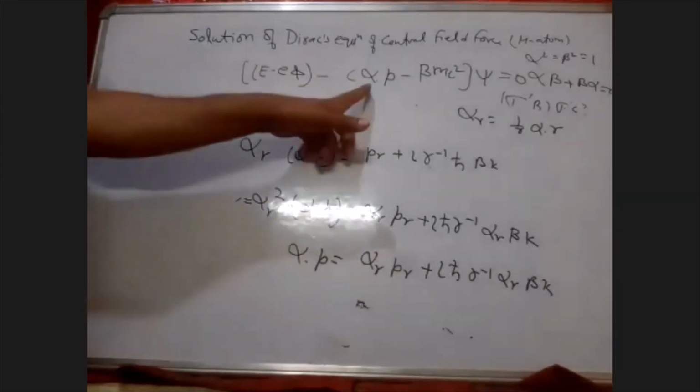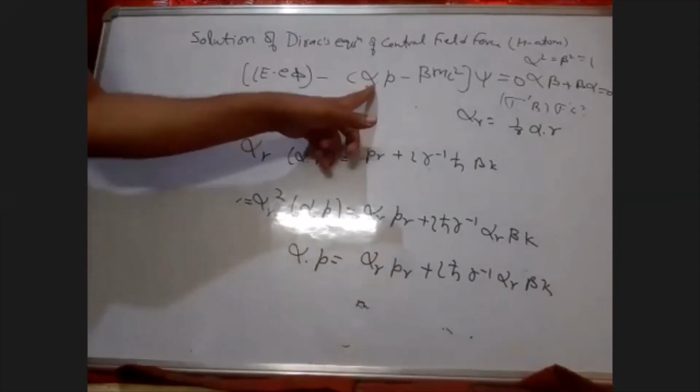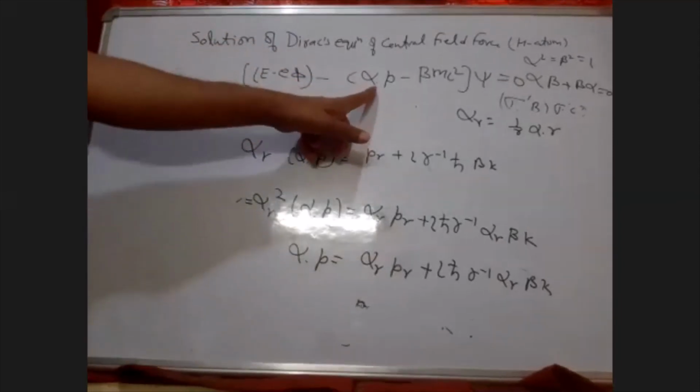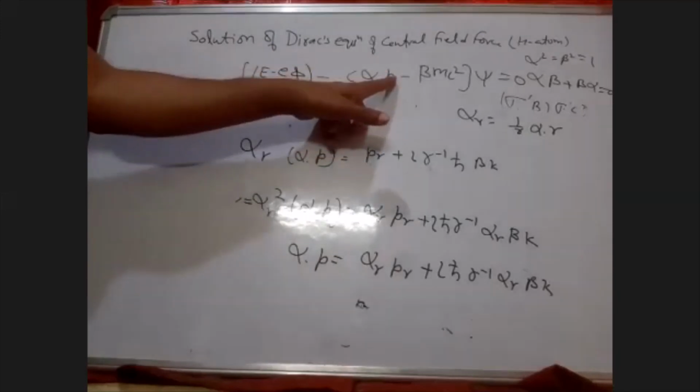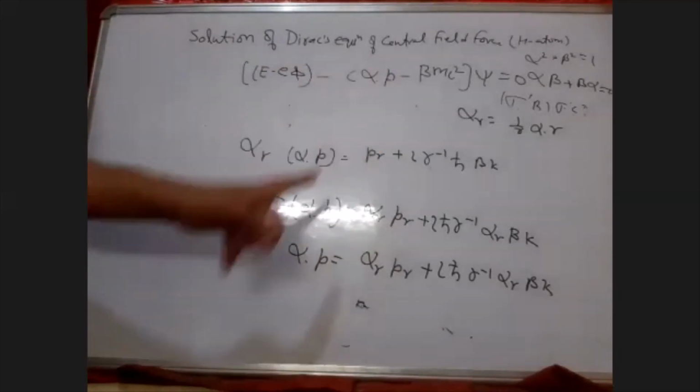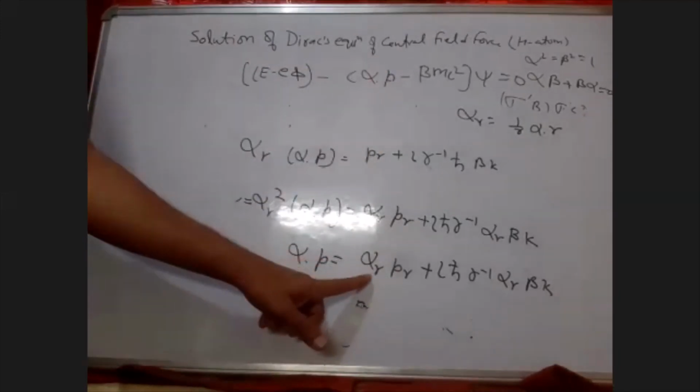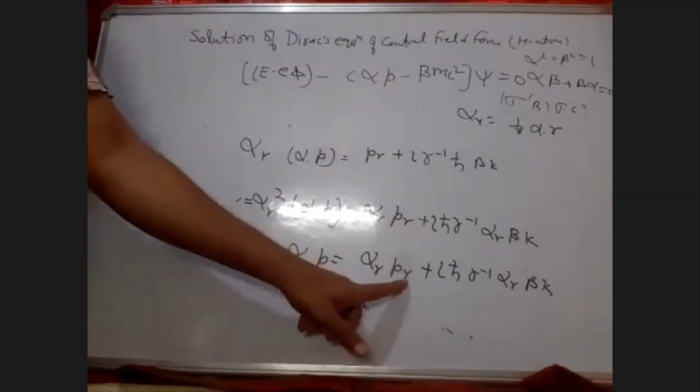So we calculate alpha dot p in terms of radial alpha and radial p.